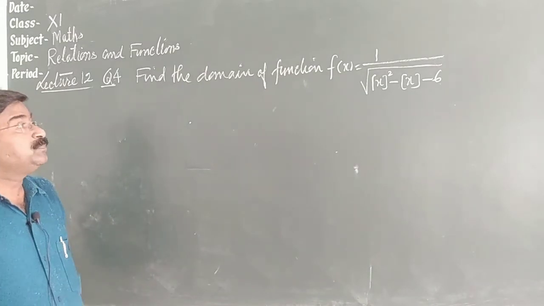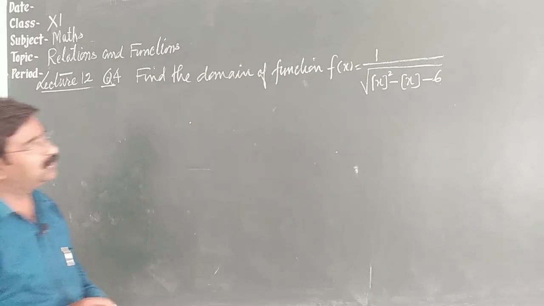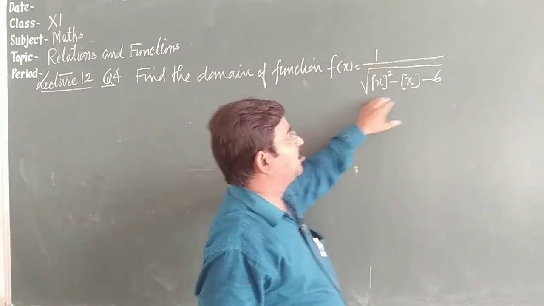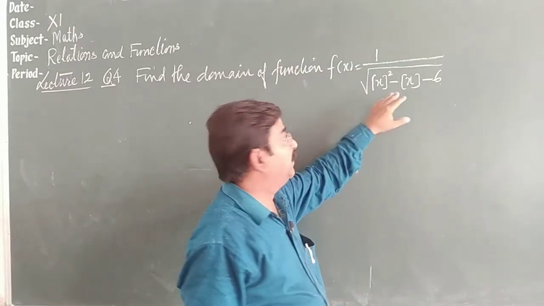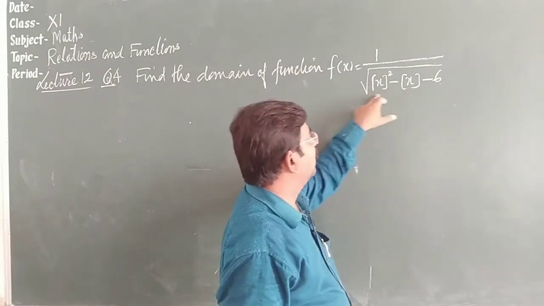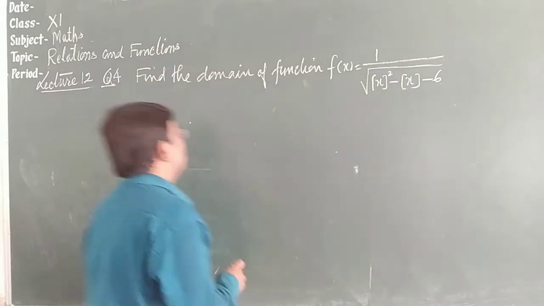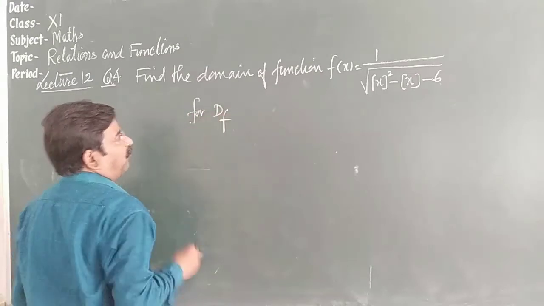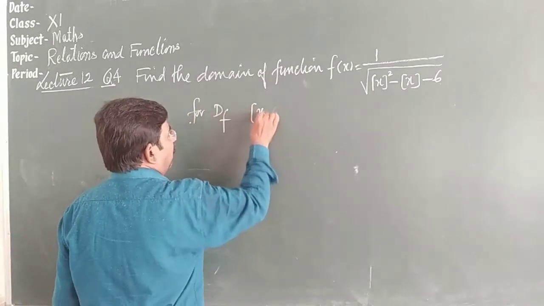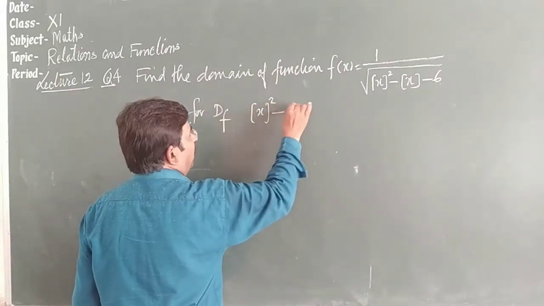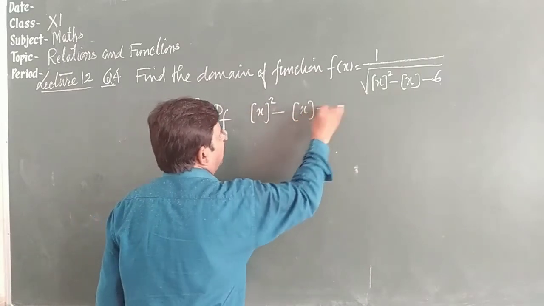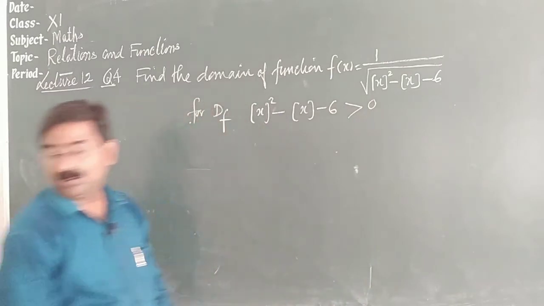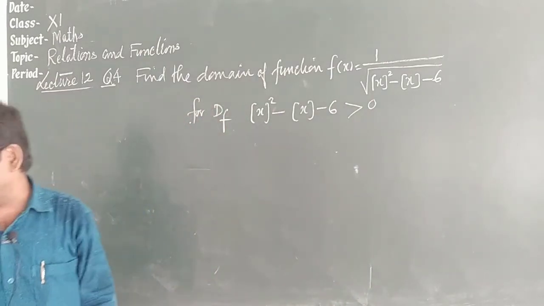See, this is again a fractional function and this one is in the denominator, so it should not be equal to 0. Means the value of this will not be equal to 0. So let's see, for the domain of the function, [x]² − [x] − 6 is greater than 0.